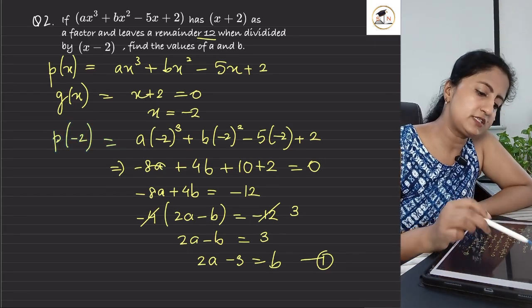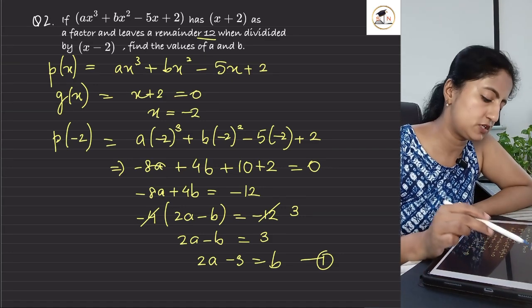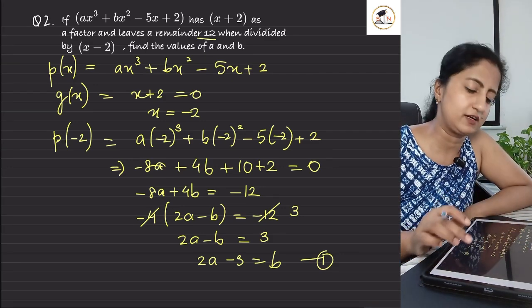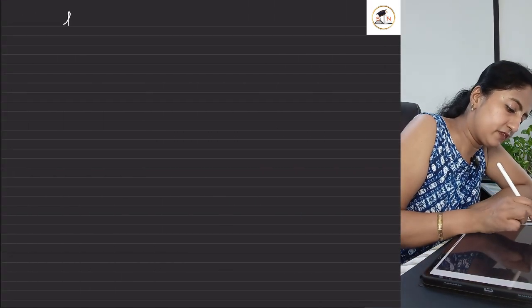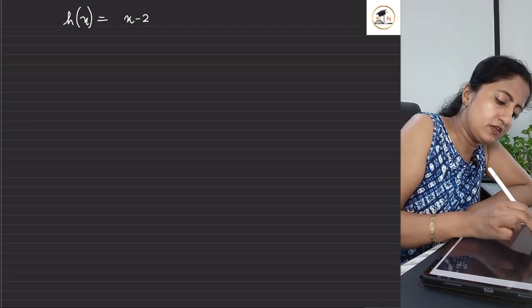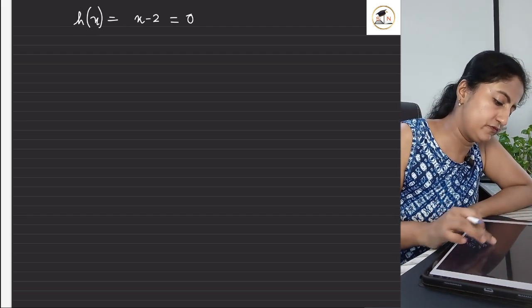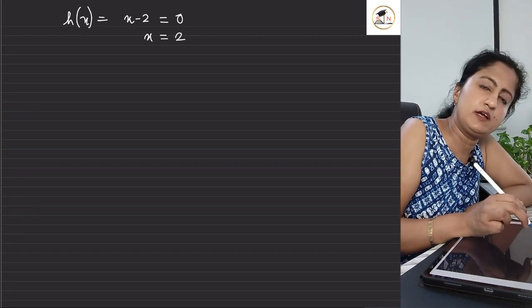So far, I had just substituted one variable, one value. Now I'm going to substitute the other value using the other factor, which was x minus 2. So let's start with that. hx equals x minus 2. Now, equating that with 0, we have x equals 2 over here.